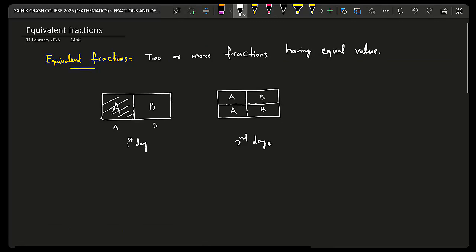Let us compare how much chocolate has been eaten by child A on the first day and on the second day. On which day did child A eat more chocolate, the first day or the second day? Pranay, can you answer?